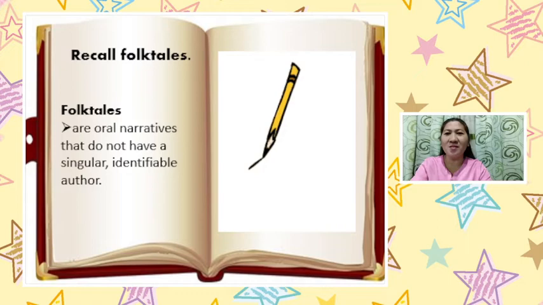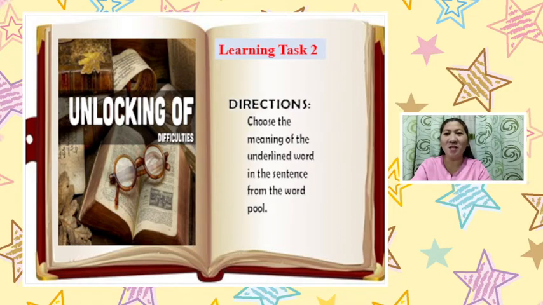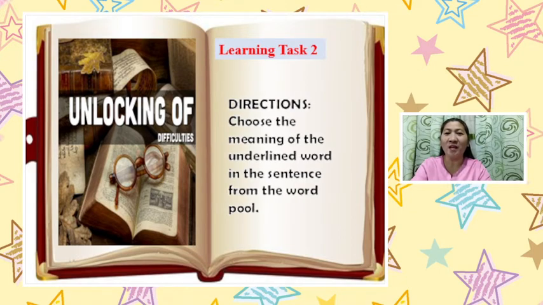For better understanding of the story, let us do learning task 2 entitled Unlocking of Difficulties. Directions: Choose the meaning of the underlined word in the sentence from the word pool. Number 1.